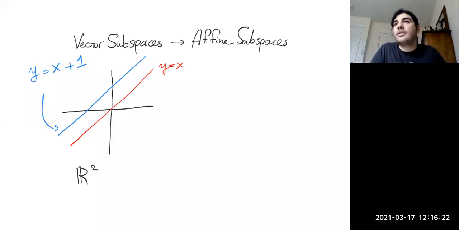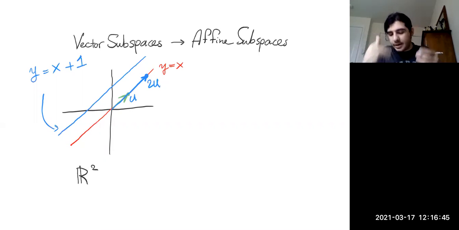It does not have the identity element in addition. More than that, it's not closed under scalar multiplication. If I take a vector here in the red space and multiply that by 2, I would get this one. So if it's u, it's 2u. As you can see, it's closed under scalar multiplication.